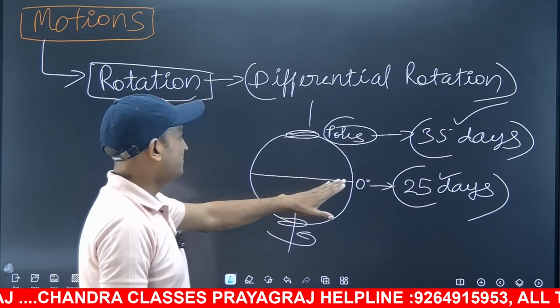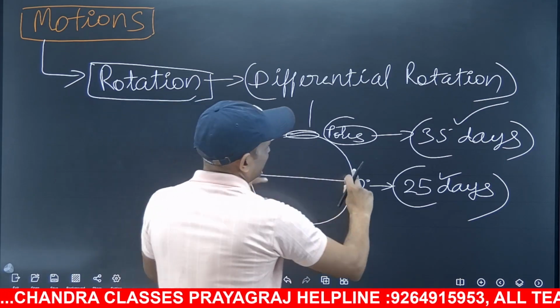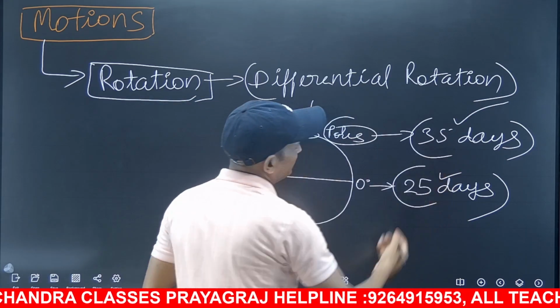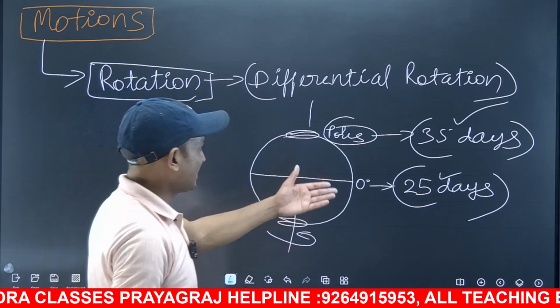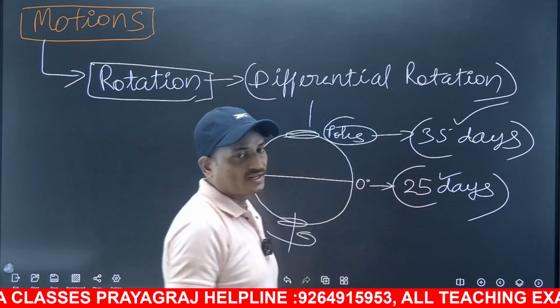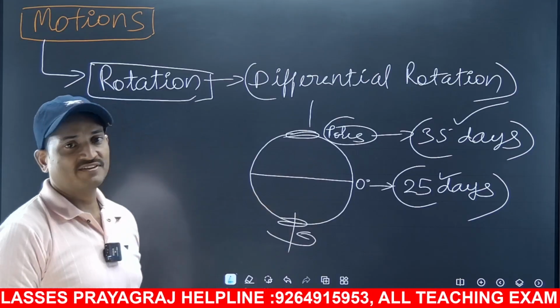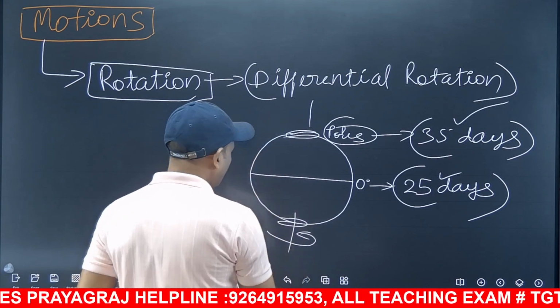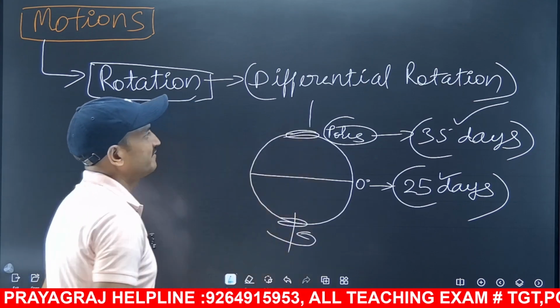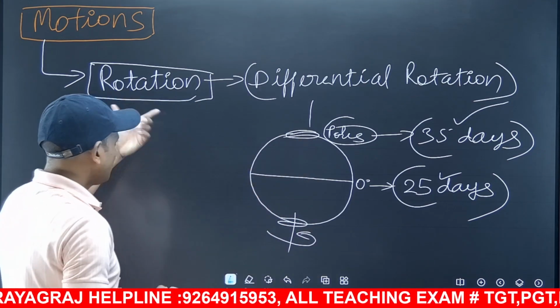If we compare the equatorial region to the polar region, the difference is around 10 days. If the time taken is only around 1 month, this is a huge difference of around 10 days. So this is about the differential rotation that the sun exhibits.